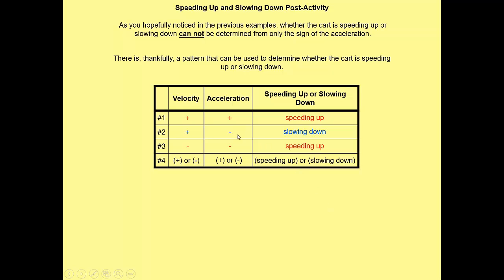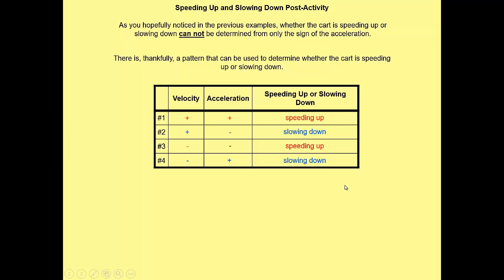So number 2 had a negative acceleration and slowing down, and number 3 had a negative acceleration and speeding up. Then to make matters worse, in number 4, he was also moving to the left, so he had a negative velocity. His acceleration was positive, and he was slowing down. So in number 1, a positive acceleration speeding up, and number 4, a positive acceleration slowing down.